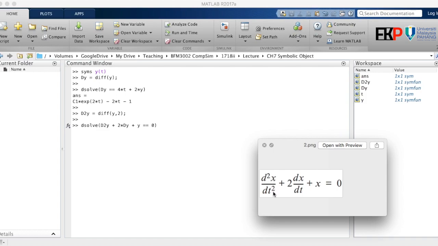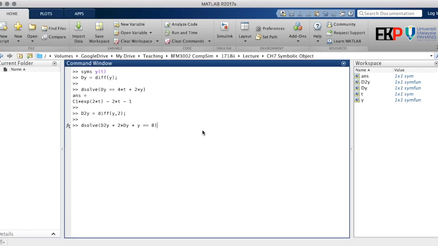We have d2x dt, which in this case we type as d2y, plus 2 times dx dt, which is plus 2 times dy, and plus x, where we replace x with y, so plus y is equal to 0. So that is our equation. When we press enter, we will get the answer C4 times exponent of minus t plus C5 times t times the exponent of minus t.